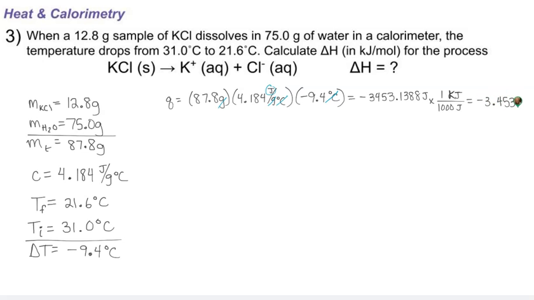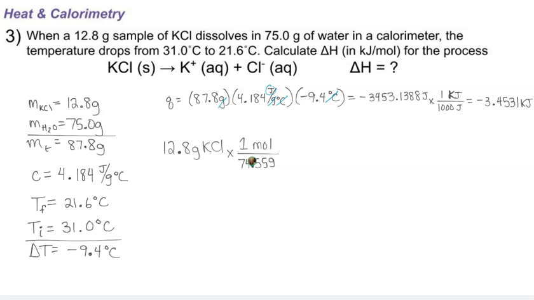Now the problem asks us to find the number of kilojoules per mole, and we don't yet have the moles of KCl that were dissolved, so we need to convert that 12.8 grams of KCl to moles of KCl. So we'll just do a simple gram to mole conversion here. 1 mole of KCl is about 74.55 grams.